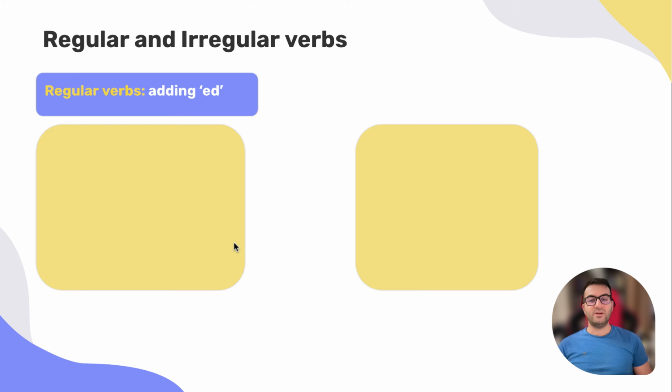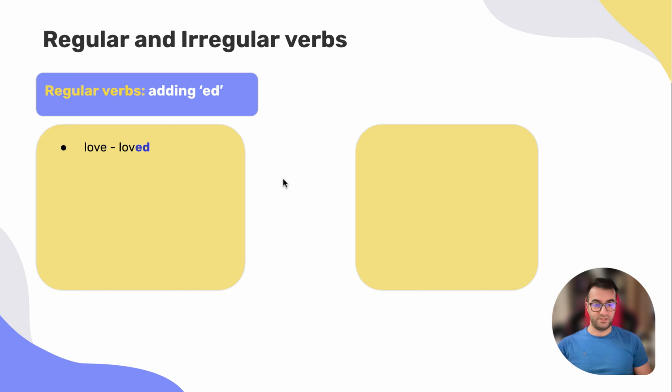Okay? Now it is time to talk about regular and irregular verbs. Well, regular verbs follow one rule in the past, which is ed. So, well, it's not easy to remember all of them, but as you have more practice in English, you will remember all the regular verbs that are needed and all the irregular ones that you will use in daily situations.